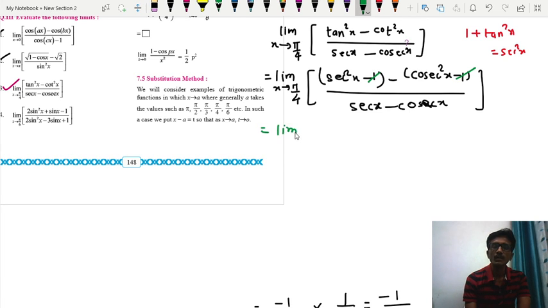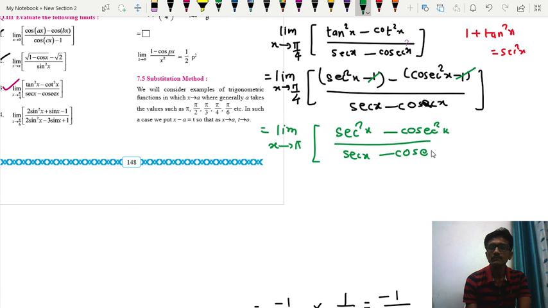Limit x tends to pi by 4, sec square x minus cosec square x, and here the denominator is sec x minus cosec x.